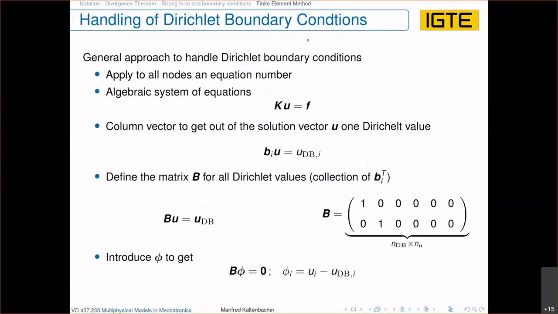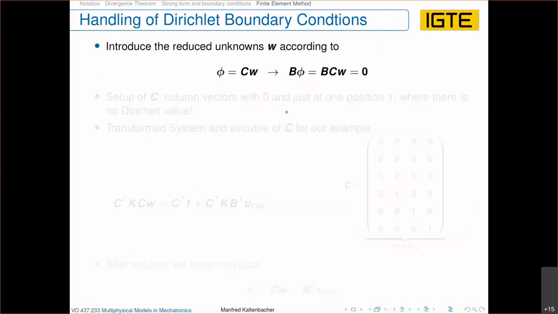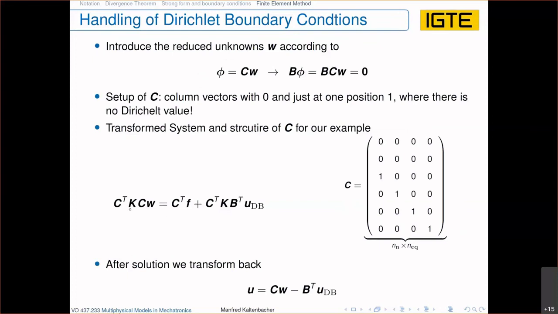You get a system where the vector u not only includes the unknowns but also the direct values, and you reduce it by this C matrix and project it to a matrix which then just computes the unknown quantities of our physical quantity.